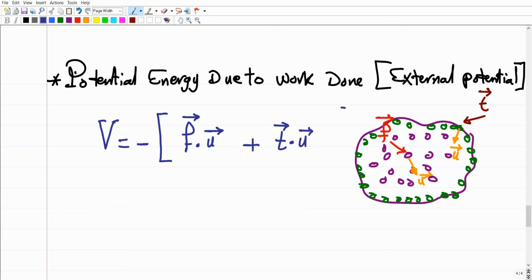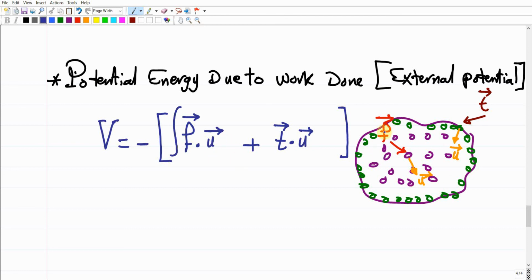But as you can see, this is just one vector acting over just a single particle. U is just a displacement for one single particle. But here, since we are collecting all the potentials, or calculating the total potential energy, we have to do integration to collect all of these body forces.